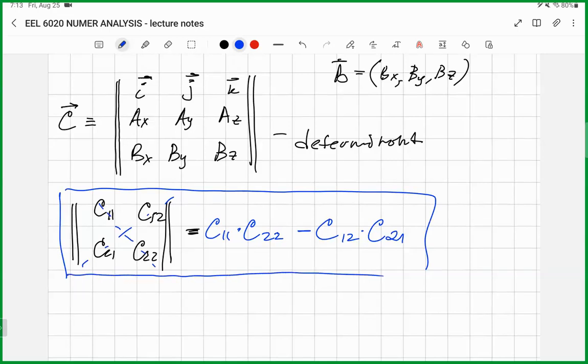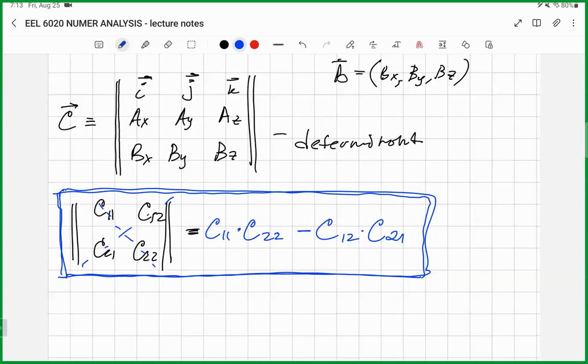This is the determinant. And as we discussed in the beginning, if this matrix corresponds to a tensor, then this determinant is nothing but the invariant of the tensor.